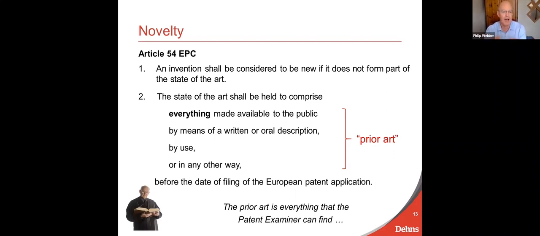If you've been down to the pub last week and you've been discussing your invention with a big group of people there and it's not confidential in any way, then you have put your information into the public domain. So for this reason, it is vitally important to keep all details of your invention confidential, at least until the date that you file your patent application.